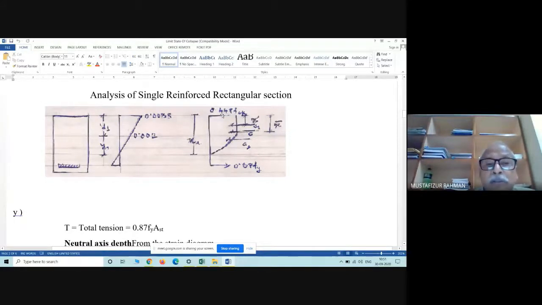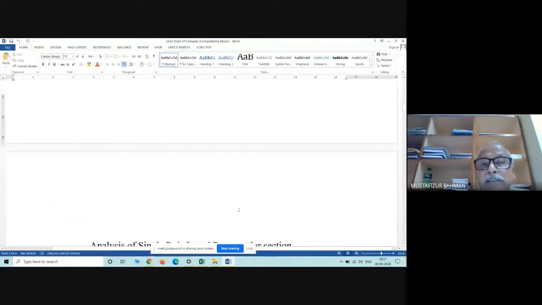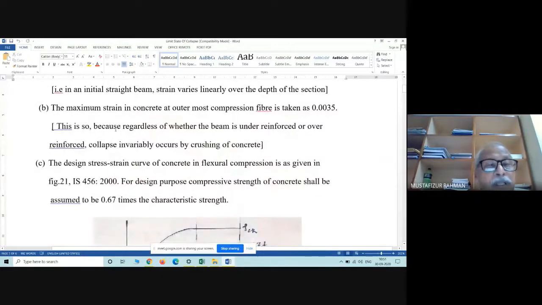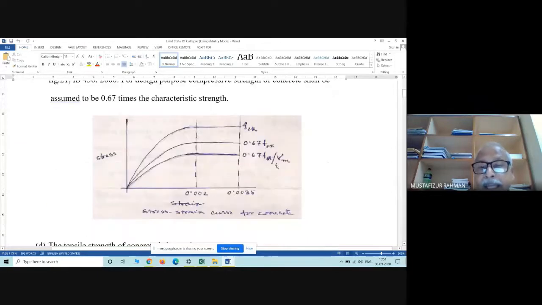Now these are in our assumptions. See here, assumption B: at the outermost fiber, strain is taken as 0.0035, and at maximum stress, strain is 0.002.